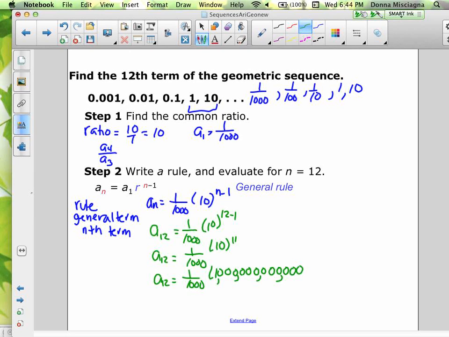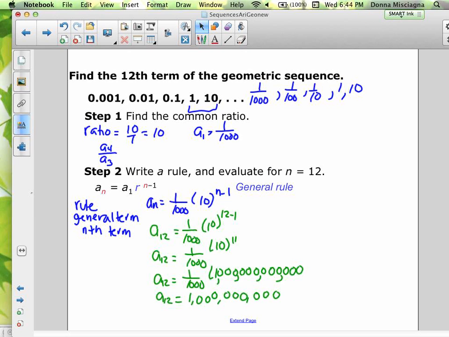So we have a trillion there, but not for long because we're going to multiply that by 1/1,000. And all we have to do is cancel out 3 zeros. So now we have a billion instead of a trillion. Okay, and did I have enough there? 1, 2, 3. I think I do. Yep. So there we go. There's our answer. There's our 12th term in the sequence.